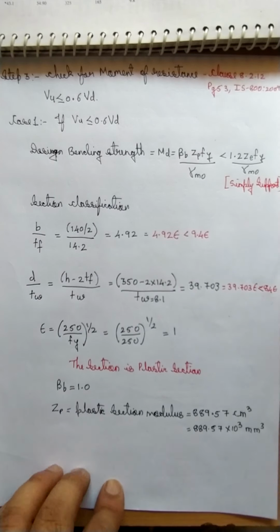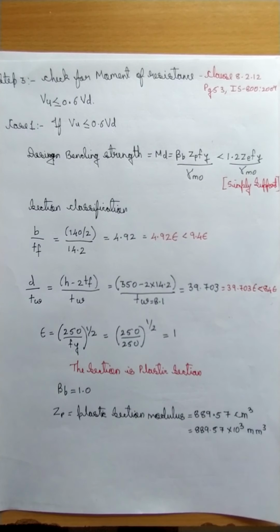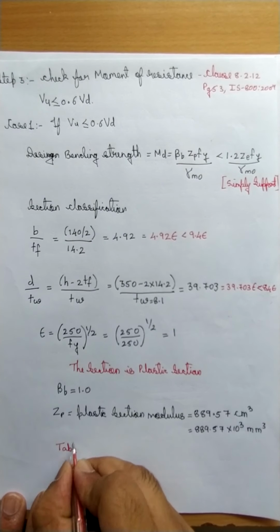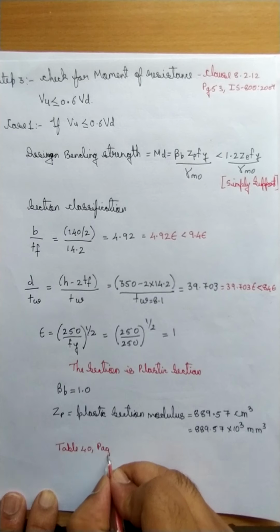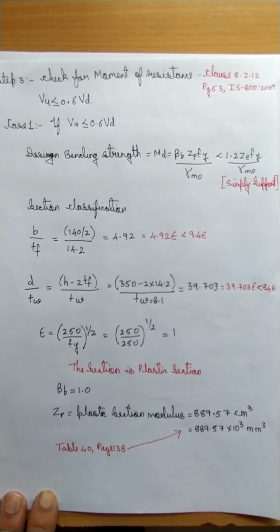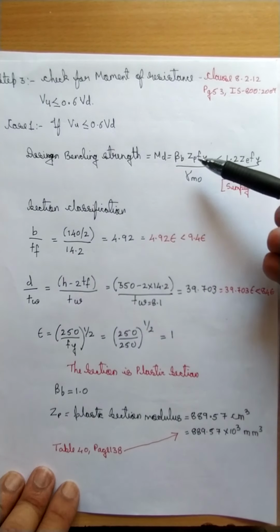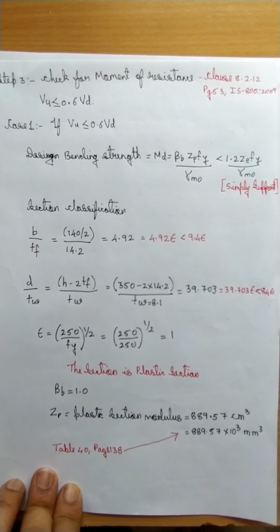Now I will also write where we have taken this from: table 40, page 138. Remember, we have taken this from table 40. So you can see in the formula what all is required. Zp is there, beta b is there, Fy we already know, gamma m naught. So we can substitute and get the answer.